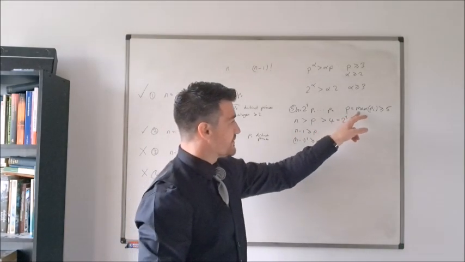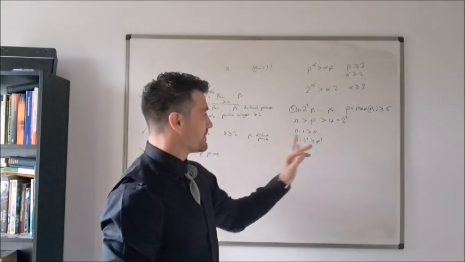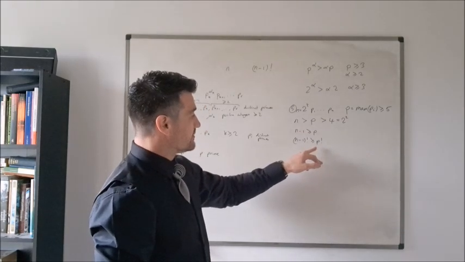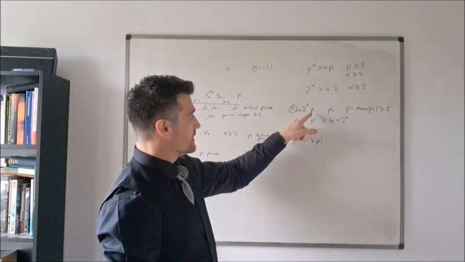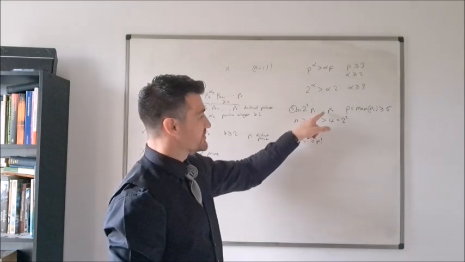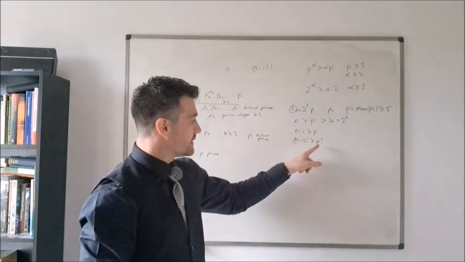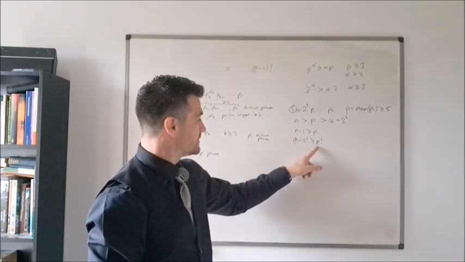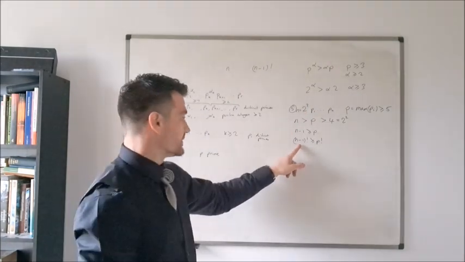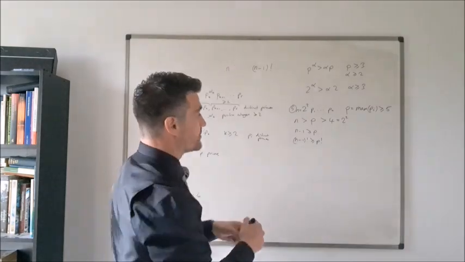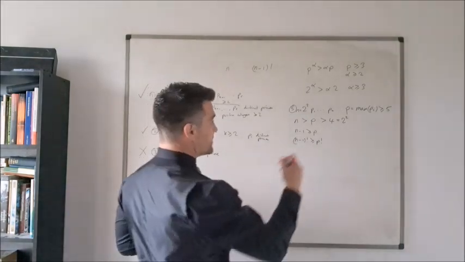But the fact that we've chosen p to be the maximum amongst the pi ensures that all of these primes will be a factor in p factorial, which is n minus 1 factorial. That applies to all of these primes here, p1 to pk.